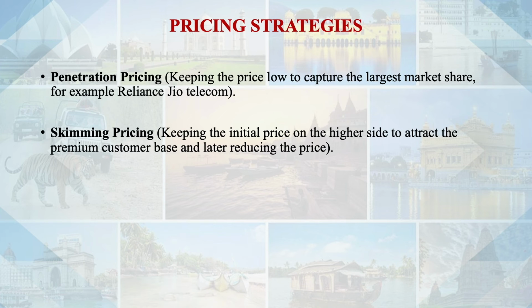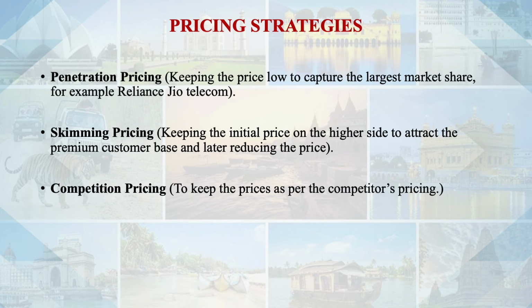In skimming pricing, the prices are kept at a higher level, so only the high income group or the premium customers buy that particular product or service. Then next can be competition pricing. Means we fix the price what our competitor is selling.